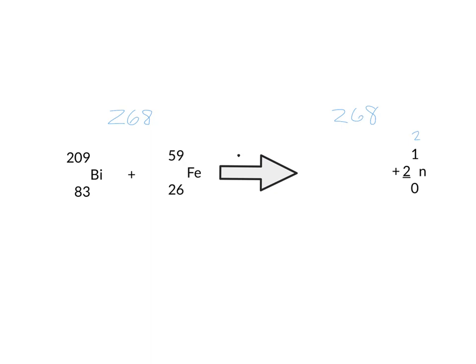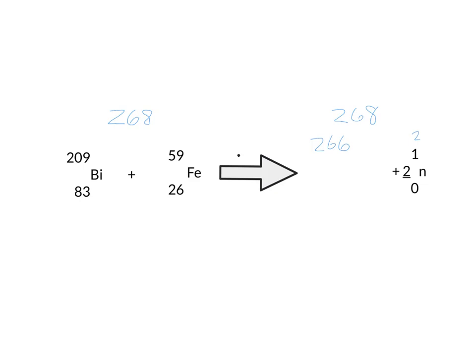So that means that the new element that we've created must be 266 for its mass number, so that the 266 plus the 2 adds up to the total of 268 on both sides. The same thing has to be true on the bottom numbers, the atomic numbers.